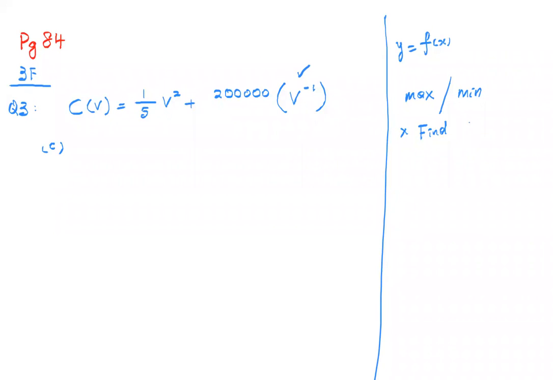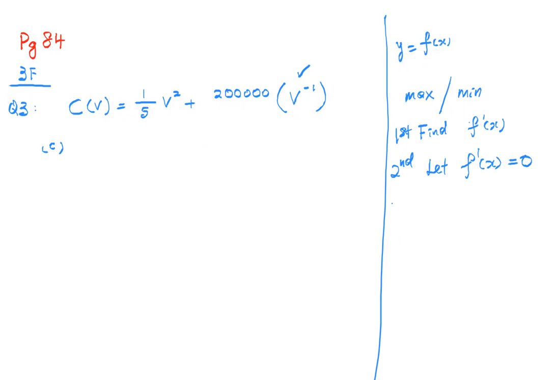Whenever you are looking for maximum or minimum, first thing, you have to find f prime x. Second thing, let f prime x equal to 0.